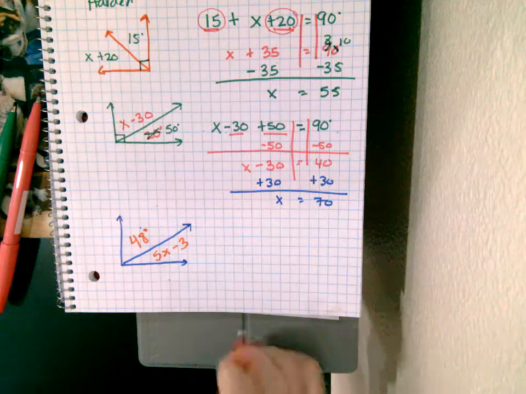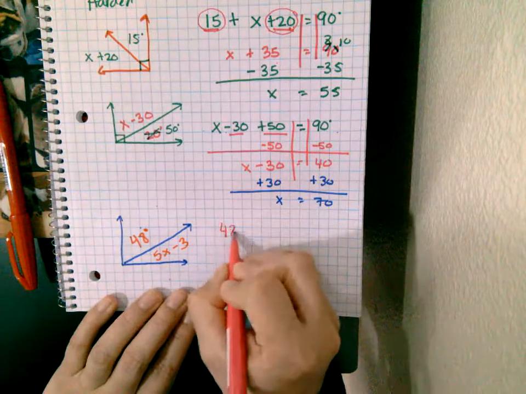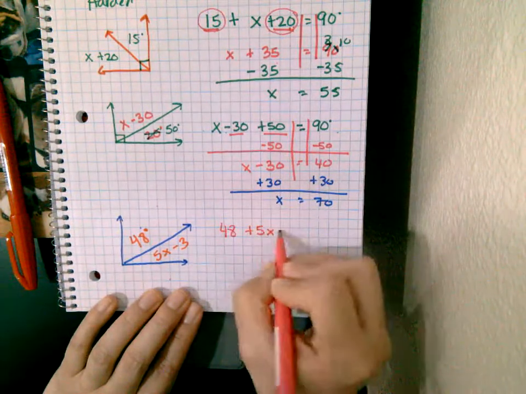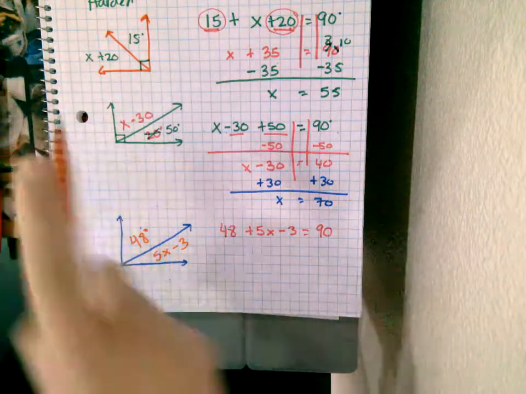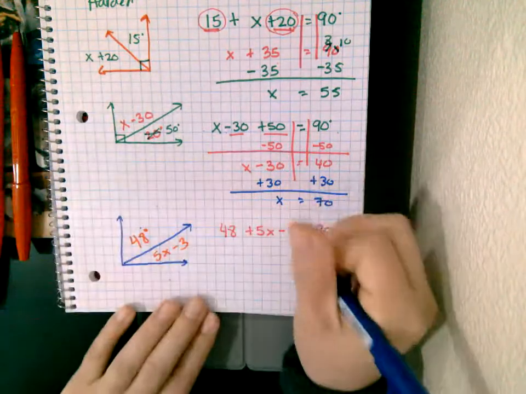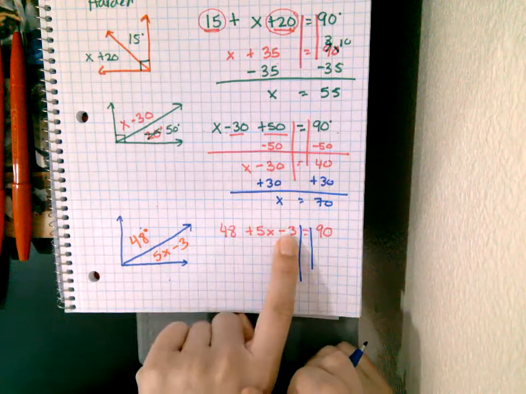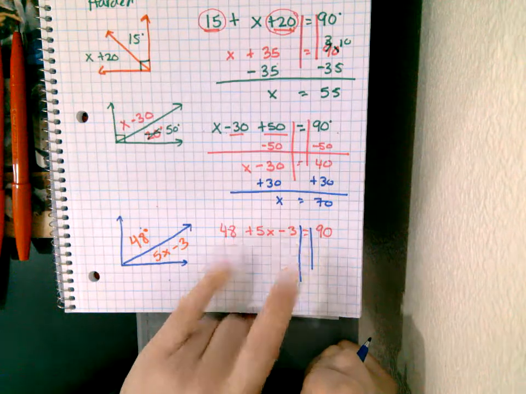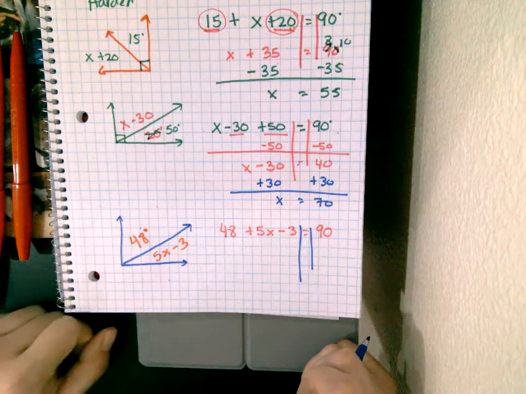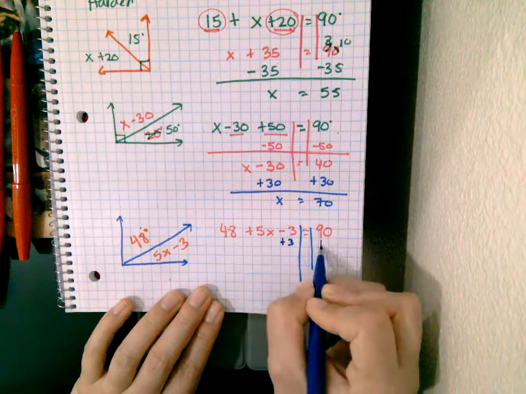So you set up your problem, 48 plus 5x minus 3 equals 90. Now, you could have done two ways. You can put the 48 minus 3 together, or you can move one number at a time. However you want to do it. I'm going to move one number at a time. I'm going to do 3 first, so I'm going to add 3.